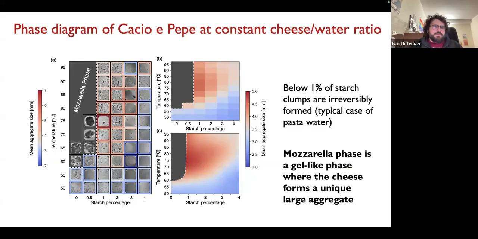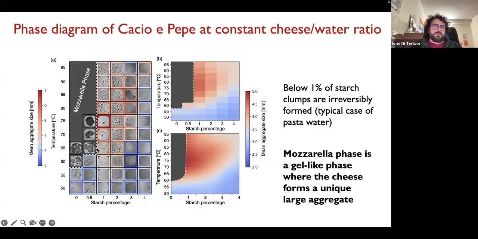And this can be quantified by the starch percentage, in the sense that if you have 100 grams of cheese, in this case we had 100 grams of cheese, 100 grams of water, and then 0.5 grams of starch. So this percentage refers to the cheese mass. So here it's 1 gram of starch, 2 grams of starch, 3 and 4.